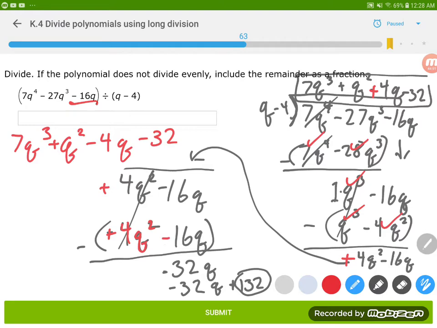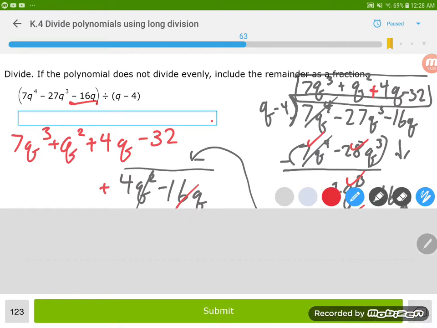And so our negative 16s would then cancel, leaving us with 0 as a remainder. Okay, and so don't forget, our answer is going to have a plus right there. It looks all good, and man, I'll tell you what, that's what it means to check your work. It's not easy, I know it, but that is some good work checking.